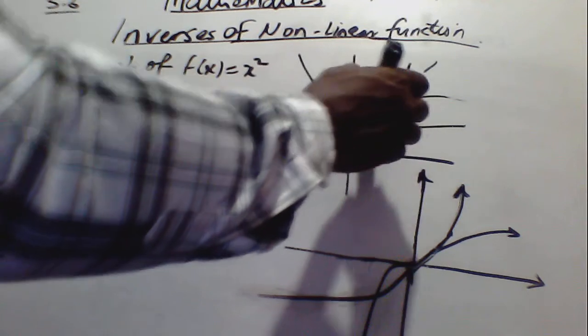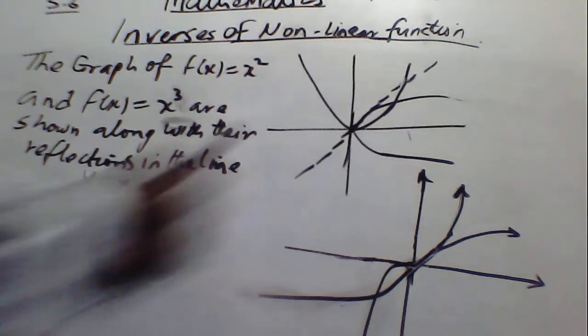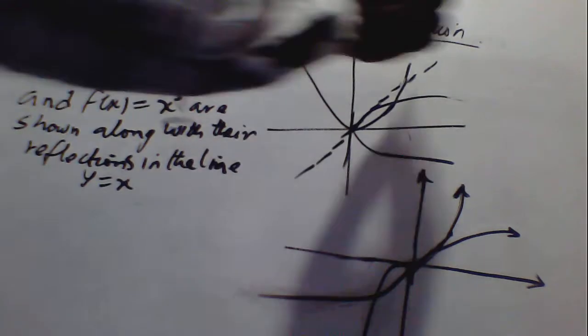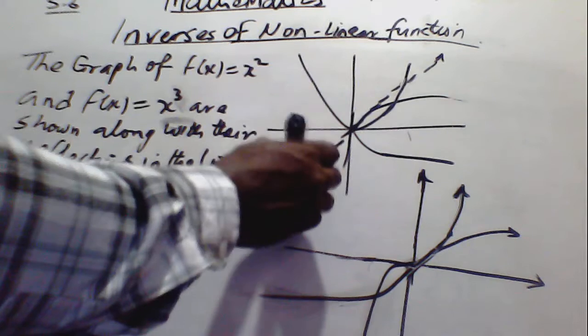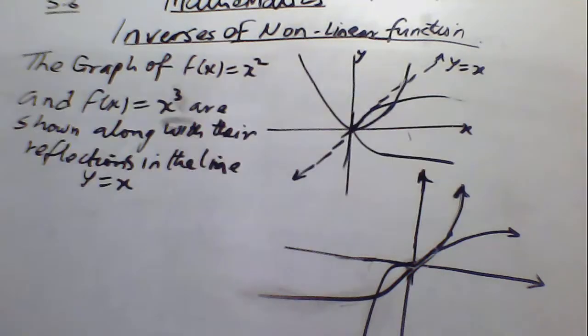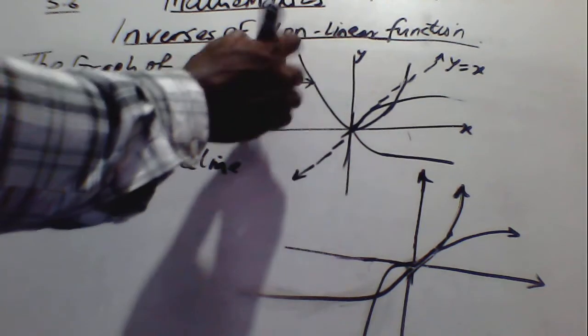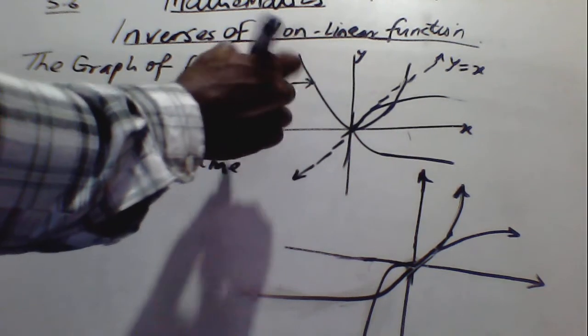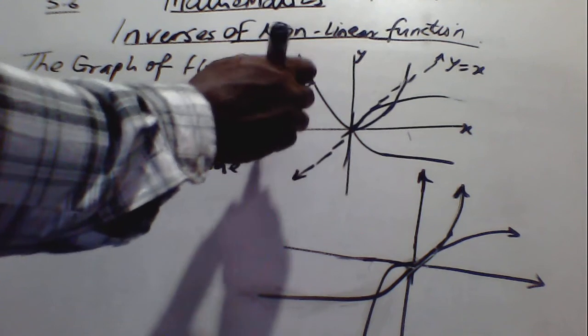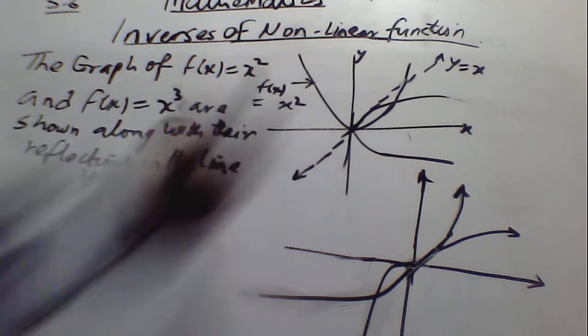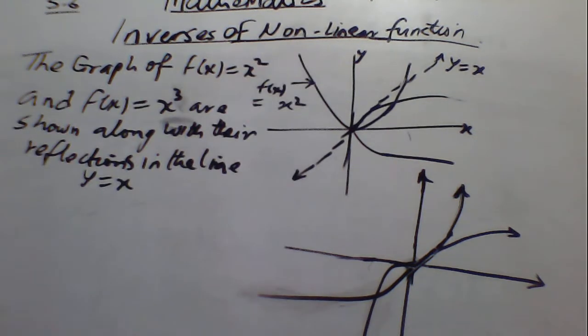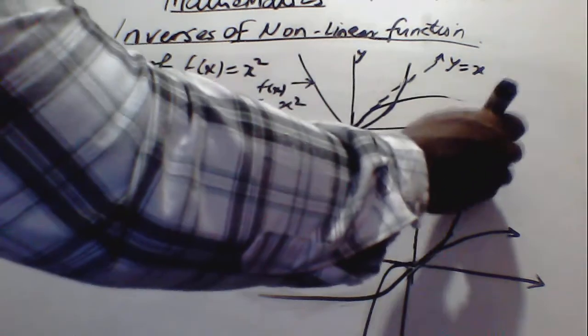Alright, if this is a horizontal line, this line is y equals x, here is y, here is x, so that this function f of x is equal to x squared, and this function here is x equals y squared.